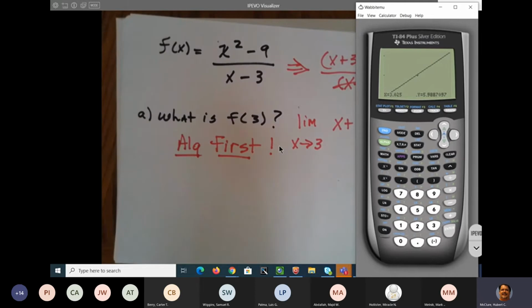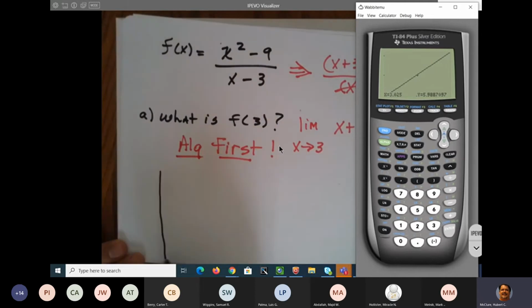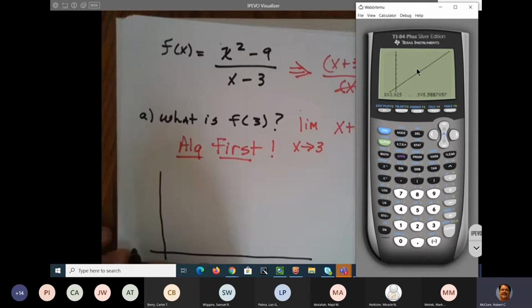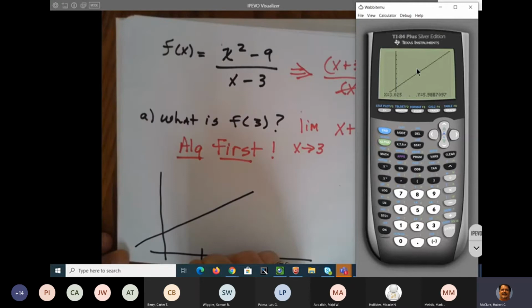So we're going to draw a blow up of this, and we're going to draw that line. Let me zoom out again. We know it's crossing somewhere here, I don't know where. But at 3, it has an open circle. That's what that represents.